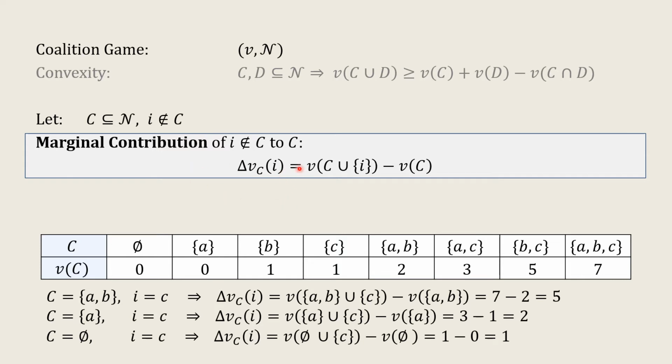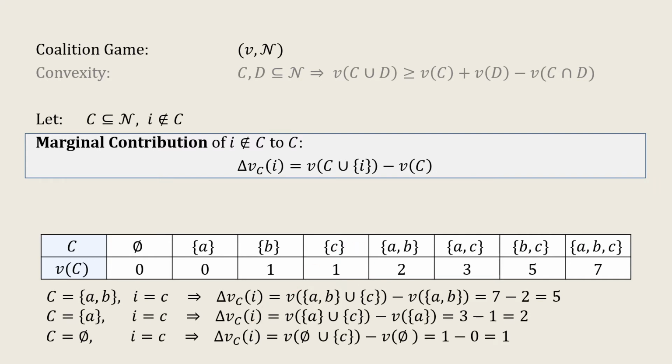That marginal contribution is delta v(C, i), which is equal to the value of the coalition when i joins the coalition minus the value of the coalition C. So this is the definition of the marginal contribution of agent i to the coalition C. It's the increment in the value of the coalition when i joins the coalition. And here are some examples.